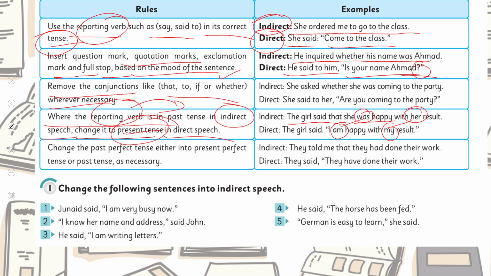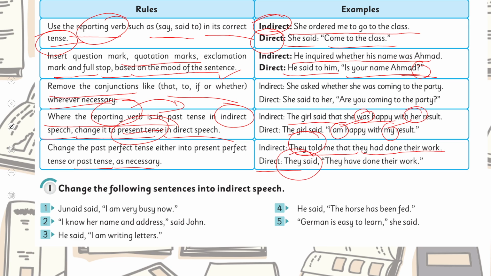Now, change the past perfect tense either into present perfect or past tense as necessary. So if you have an indirect speech in the past perfect tense, you will change it into the present perfect tense. They told me that they had done their work. This is past perfect tense. We will convert it by changing the reporting verb into a normal one.